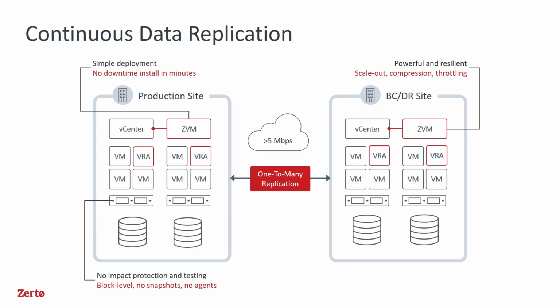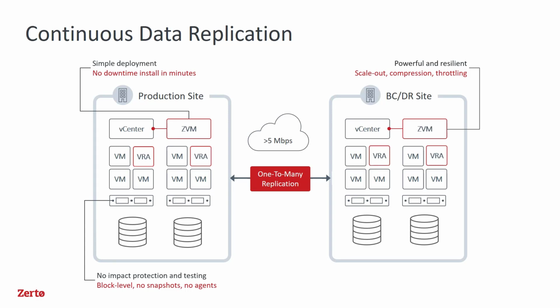That means a virtual replication appliance is installed on each and every hypervisor host in your environment and therefore scales with your environment. So it's complete block level replication. We don't use any type of snapshots. We don't have any agent, which means that there's no impact to your production performance.